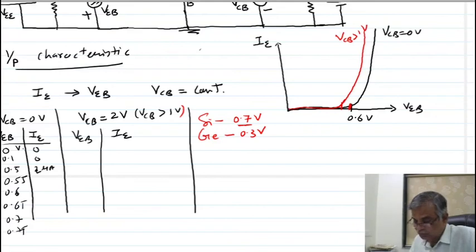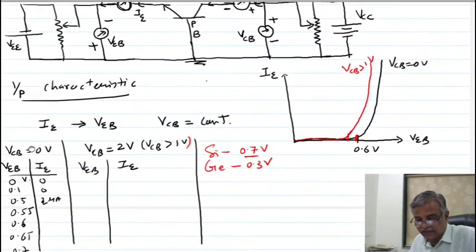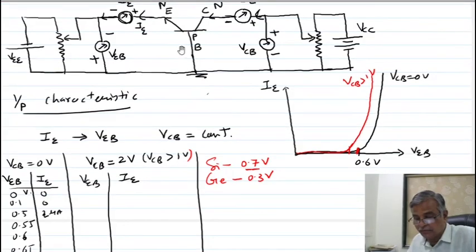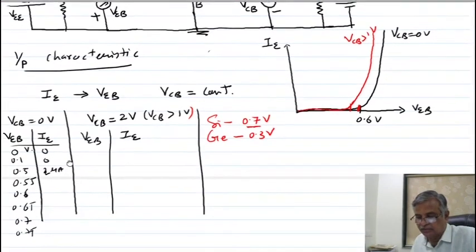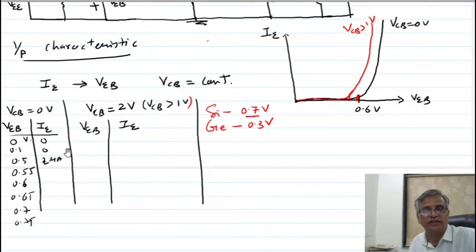So that you can conclude from the input characteristics. The input characteristics is just like forward bias diode characteristics. From the input characteristics, we can conclude that the minimum voltage required for the conduction of a transistor is of the order of 0.7 for a silicon transistor, and of the order of 0.3 for a germanium transistor.